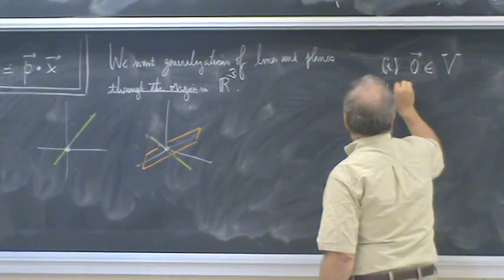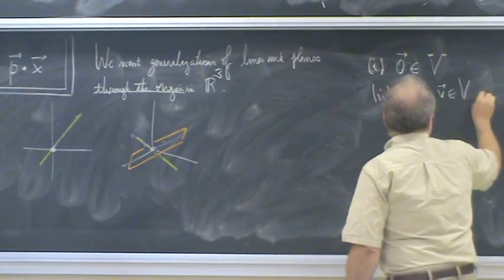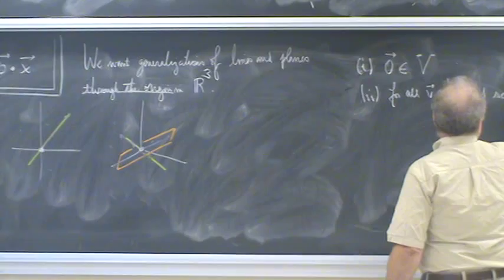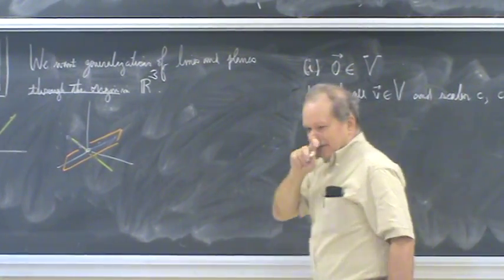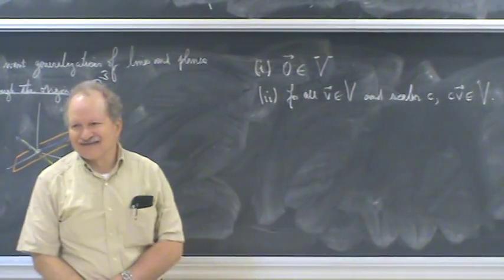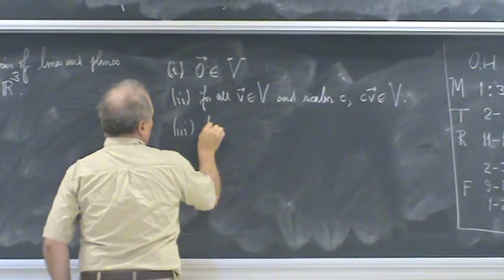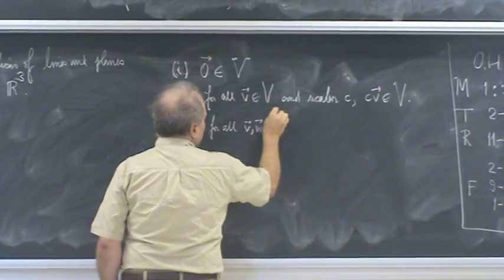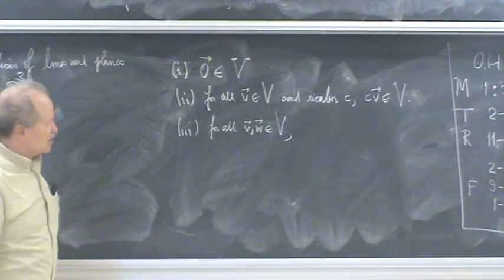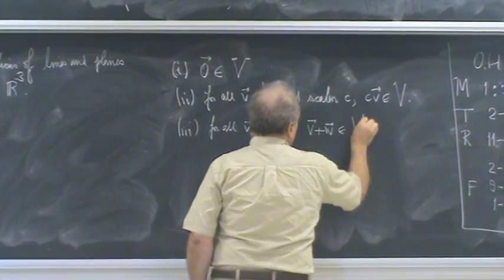For any vector in the set and scalar c, c times the vector is also in the set. And for any two vectors in the set, their sum is also in the set.